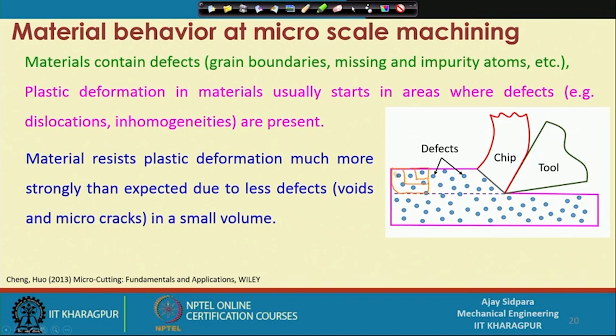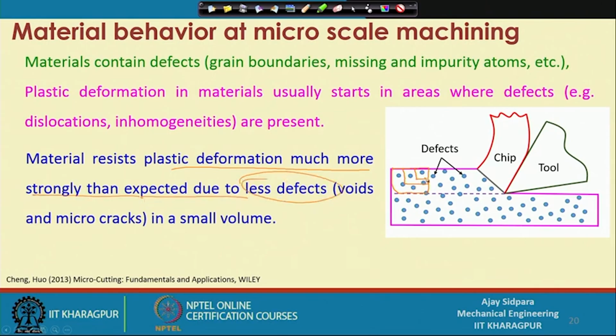Within this particular area your number of defects was very large, and if you reduce your machining area or uncut chip thickness, the number of defects encountered by the cutting tool will be a little bit less. So, what does that mean? Now we know the material resists plastic deformation much more strongly than expected due to fewer defects.